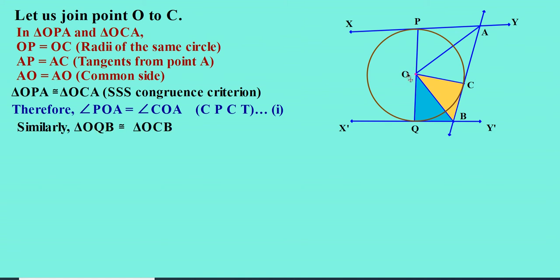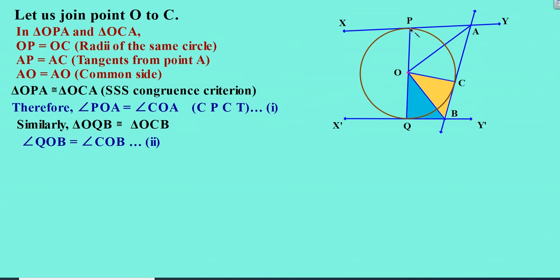Similarly, triangle OQB is congruent to triangle OCB. Since the two triangles are congruent, corresponding angles are equal. So angle QOB is equal to angle COB. Let this be taken as equation 2.